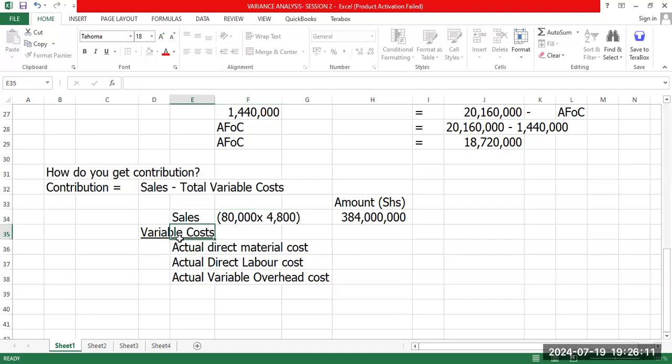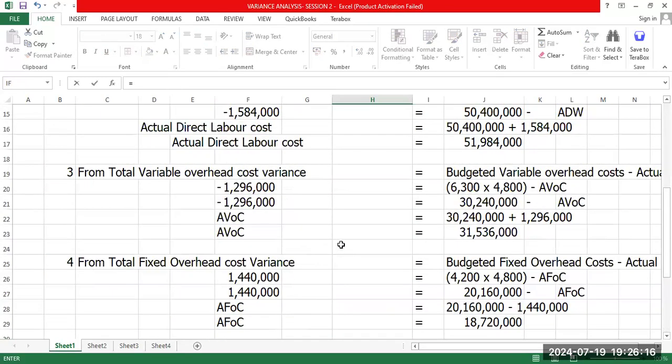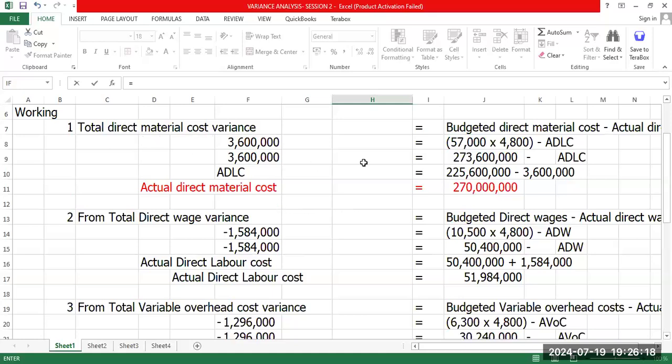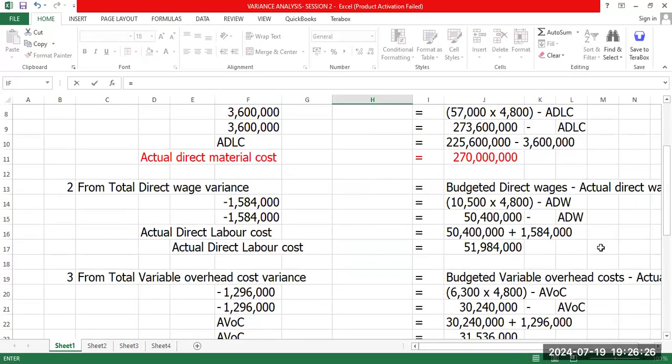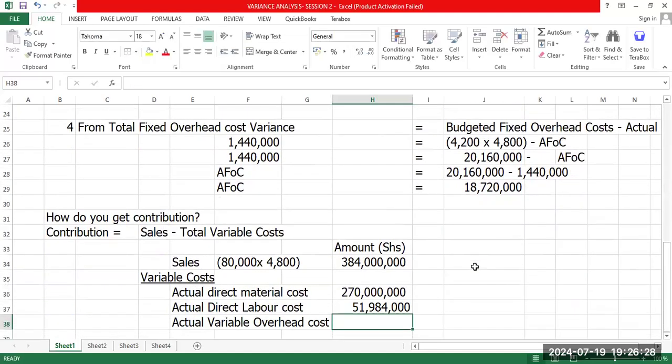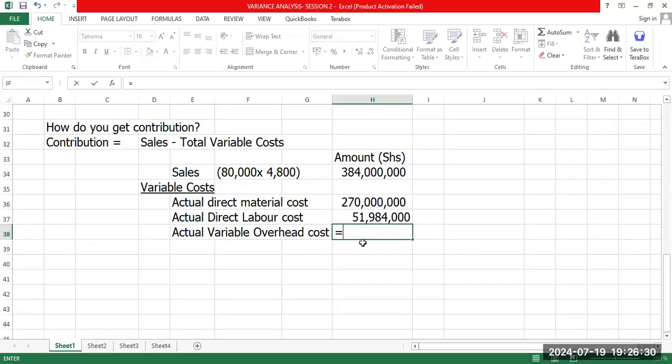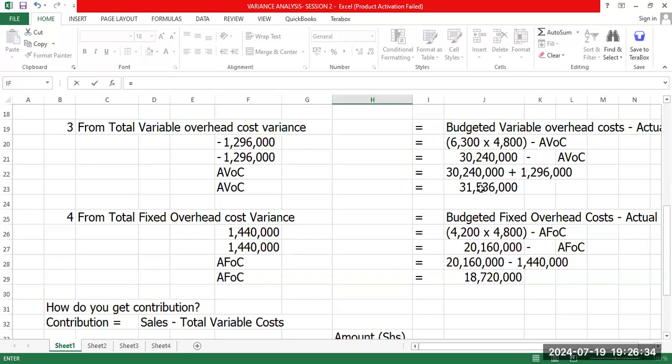Then we have variable cost already, the actual direct material cost. You come back to your workings. This was the figure. Then for direct labor costs, this is your figure. Then actual variable overheads, this is your figure.